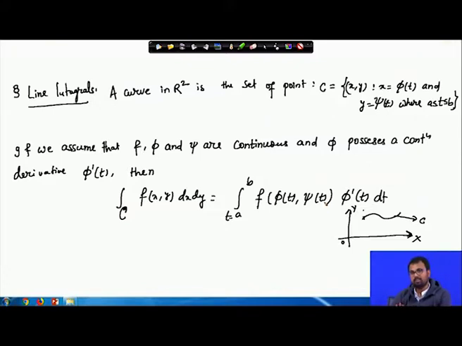That is the main task here: to find the parametric equation of the curve, and based on that calculate the limits of where t varies, then substitute in the function, and calculate the right hand side. That will give us the required line integral of the function f.